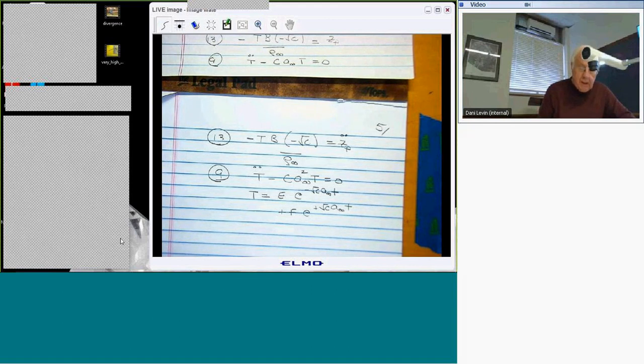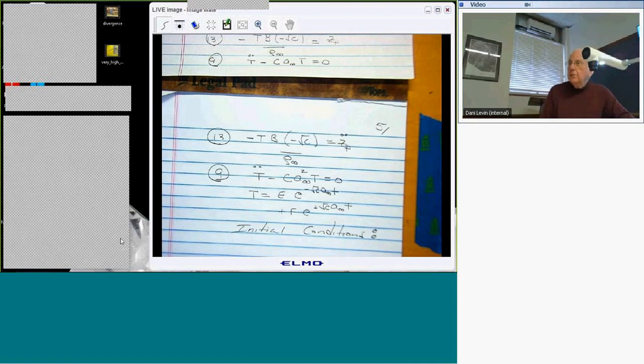Now I have to evoke some initial conditions, I think. All right. So let's try some initial conditions. What initial conditions would you like? I'm going to say initially everything's quiescent. So P hat is 0 at T equals 0.